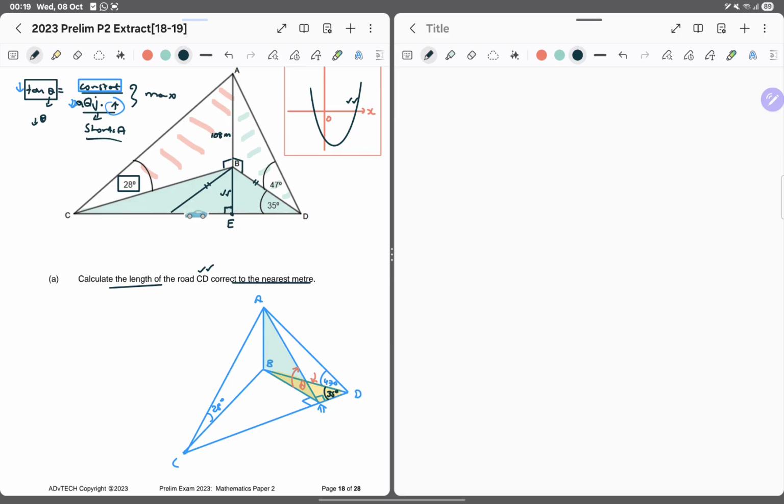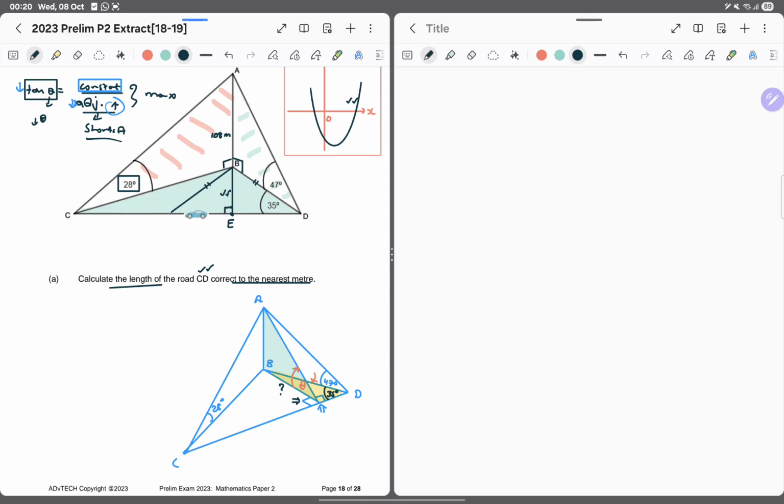So if this is 35, it means we know that the angle is essentially 90 degrees, guys, but it's showing up on the other side because I can't show it on the same side. Right, so what we need now is to say, okay, we've got the angle, we've got the hypotenuse, it's a right angled triangle.